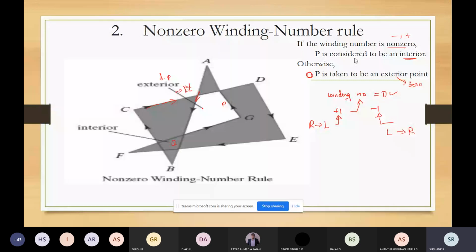So we will add 1 to the winding number every time we intersect a line segment that crosses the line from right to left. We'll subtract 1 from the winding number every time we intersect a segment that crosses from left to right. So if the winding number is non-zero, it is interior. If the winding number is zero, exterior.